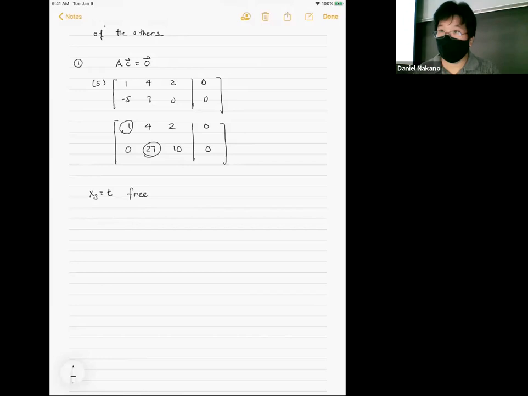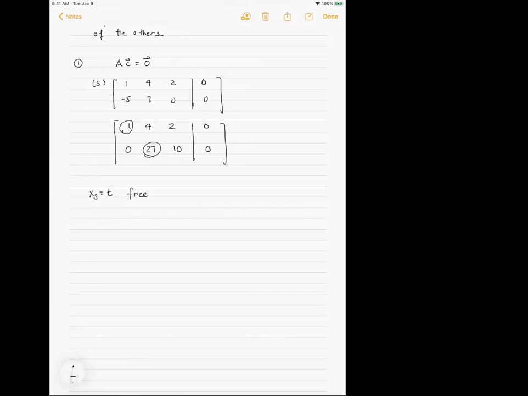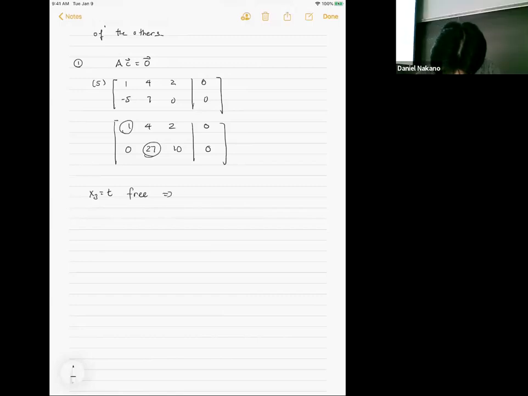Are they linearly independent or linearly dependent? Linearly dependent, good. So this implies infinitely many solutions. So V1, V2, V3 are linearly, actually this should be, let's call it C3, okay?